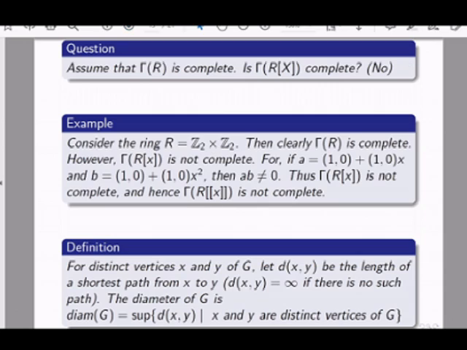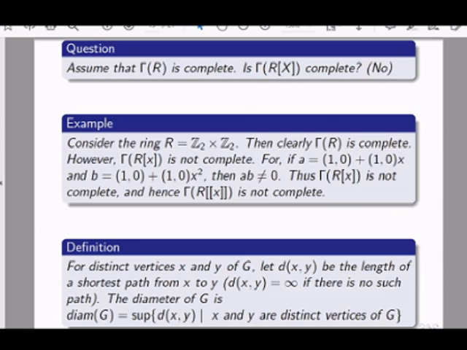Okay, here is a good question. We know what complete means: K_M, meaning complete, meaning every two vertices are connected by an edge. Usually for a complete graph we write K indexed by M, where M is the number of vertices. So if your zero divisor graph is complete, what can I say about the polynomial ring R[x], polynomials with coefficients from R?